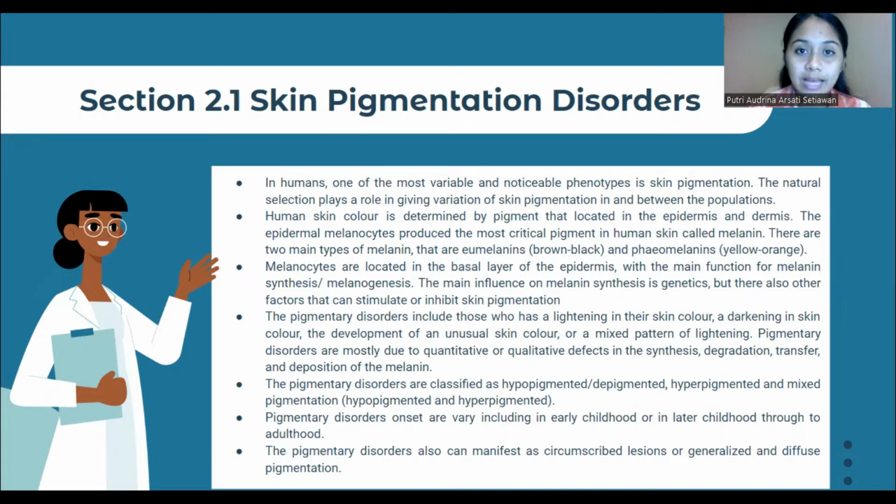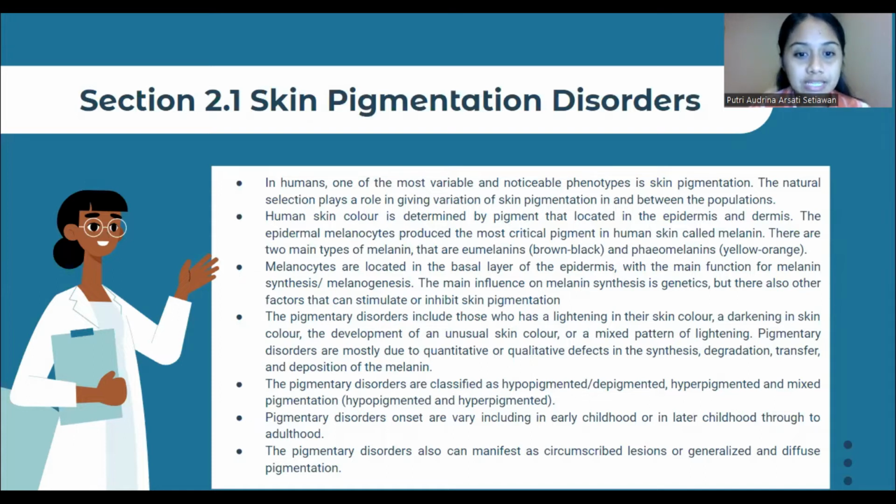There are two main types of melanin. First is eumelanin and second is pheomelanin. Melanocytes that produce the melanin are located in the basal layer of the epidermis and have the main function of melanin synthesis, or melanogenesis. There are many influences on melanin synthesis, such as genetics, but there are also other factors that can stimulate or inhibit skin pigmentation.